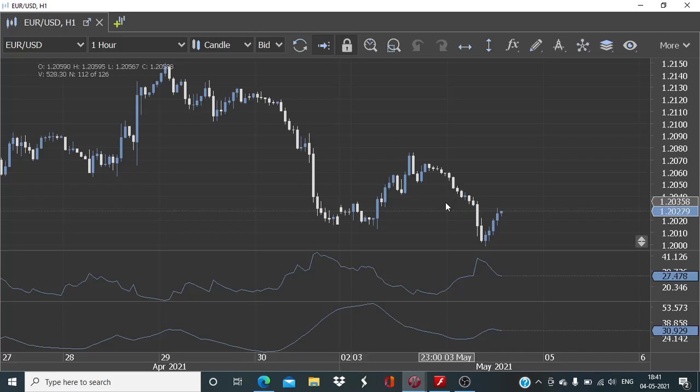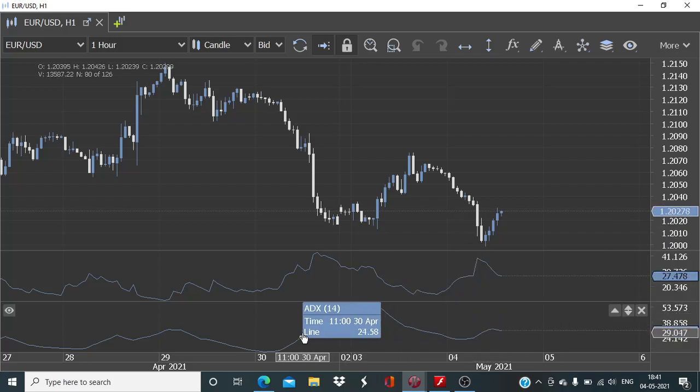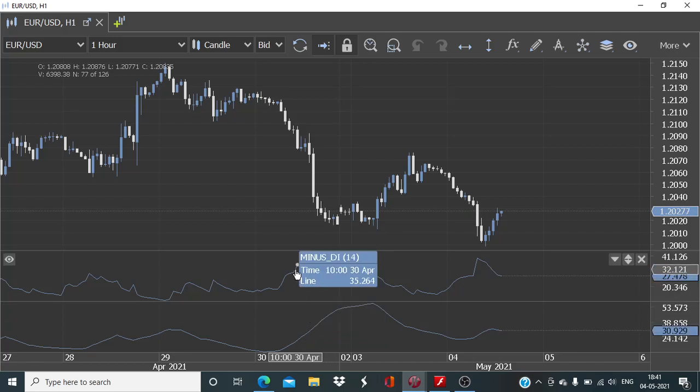So we will be looking for the initiation of the sell trade whenever we have the ADX value above 25, and as you are aware, in the classical sense, ADX is used to measure the strength of the trend. It doesn't really matter whether the trend is bearish or bullish. So in that sense, ADX is neutral, and we are relying on the minus DI, negative directional indicator, to figure out the trend direction.